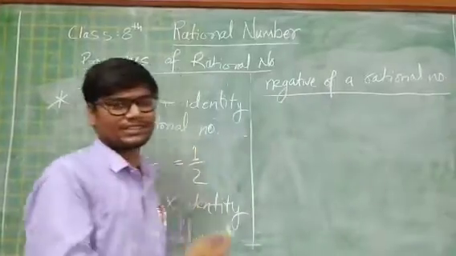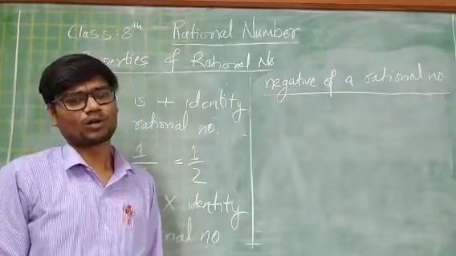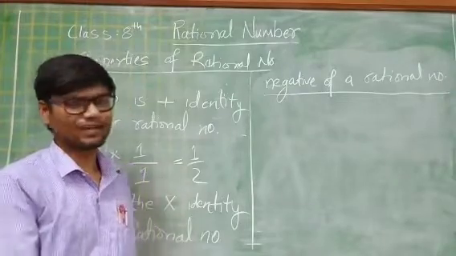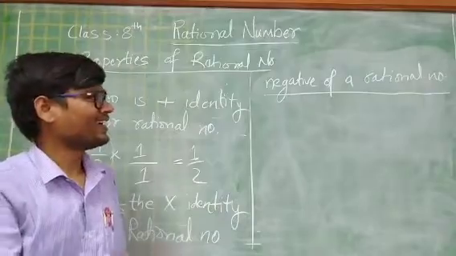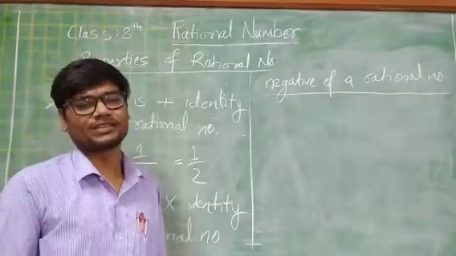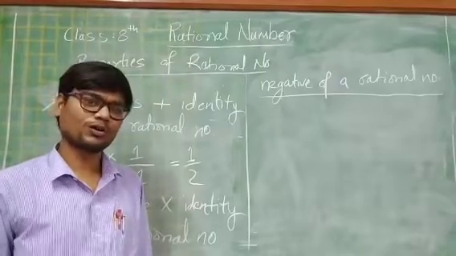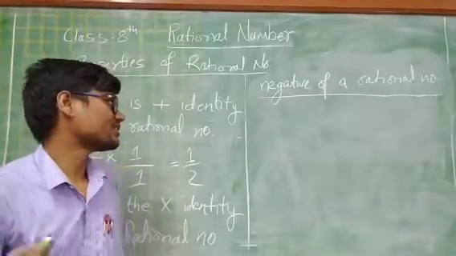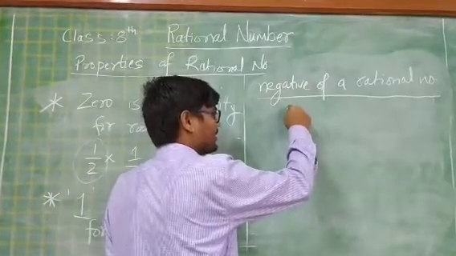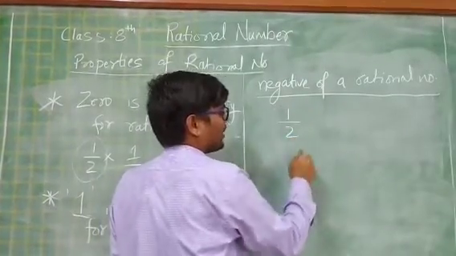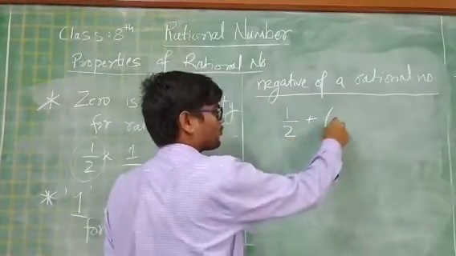To understand the negative of a rational number, let us take one example and find out what happens when we add the negative of a rational number to its positive counterpart. Let us take the rational number 1 by 2, and add the negative of 1 by 2.